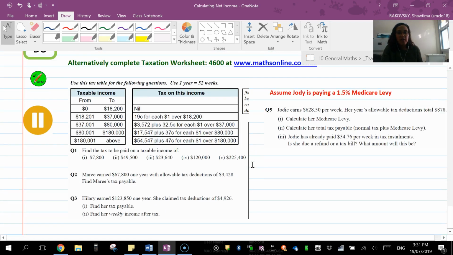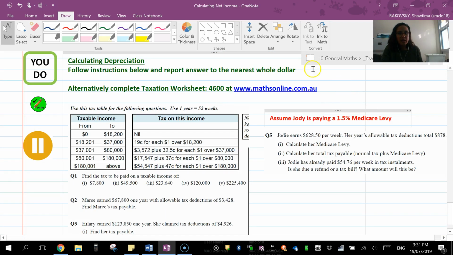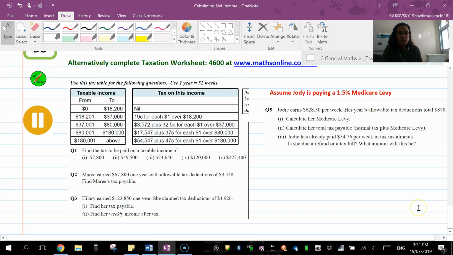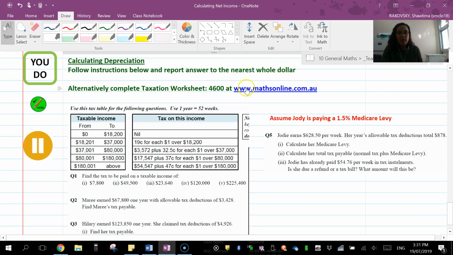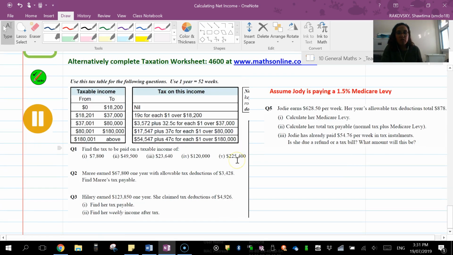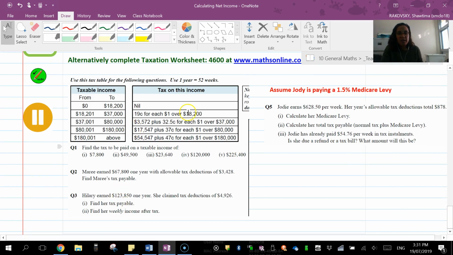So here are your questions. You've got this one here. Make sure that you've got the Mass Online worksheet, that one there. Report your answers to the nearest whole dollar, so rounding to the nearest dollar, and you've got using the table. When you get to these tables here, note that what you need to do varies.